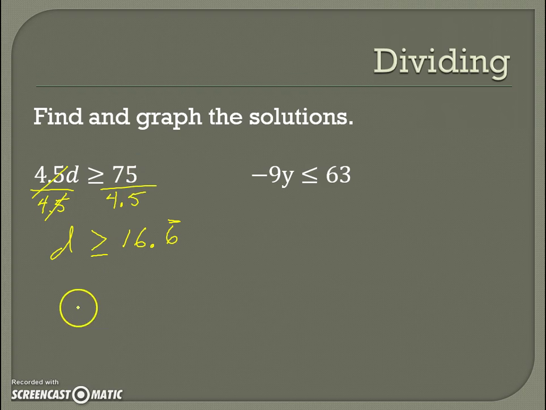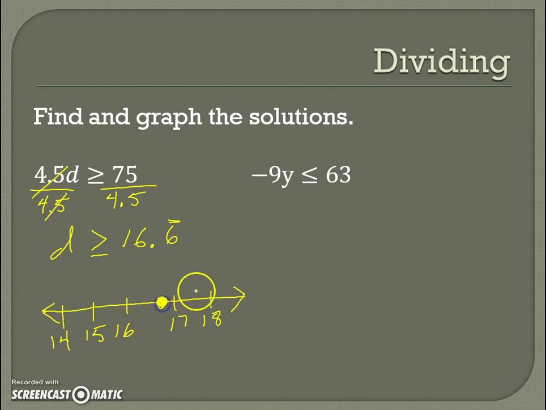Okay, so find and graph the solutions. This one, you've got to be a little bit careful here. So I'd have 16, 17, 18. Over here we'll have a 15 and a 14 just for fun. 16.6, same thing as 16 2/3. So I'm going to go somewhere in here. Make sure it's filled in. Then you'll graph everything on the right.